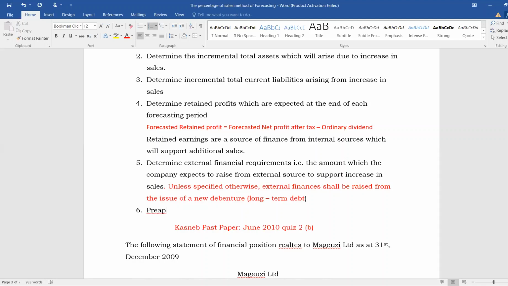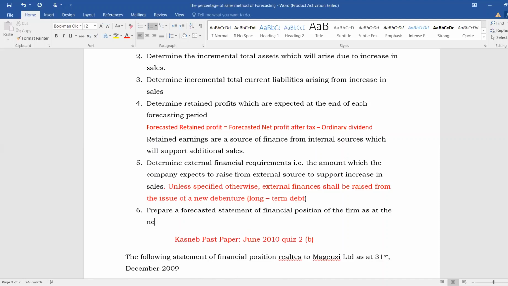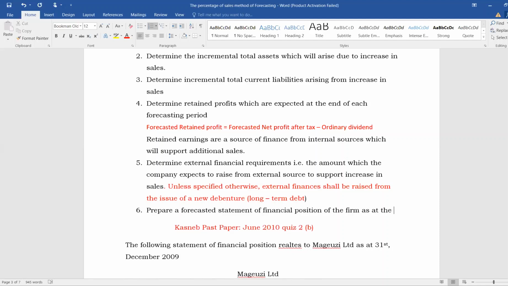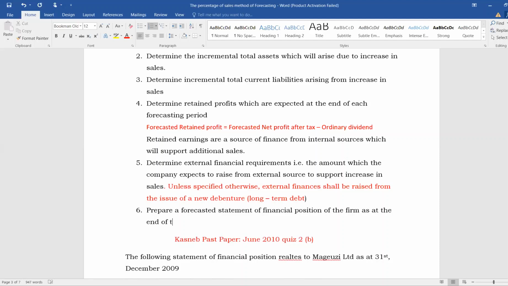Prepare a forecasted statement of financial position of the firm as at the end of the forecasting period.